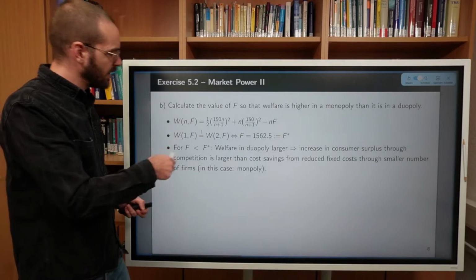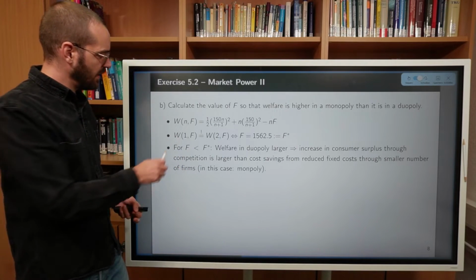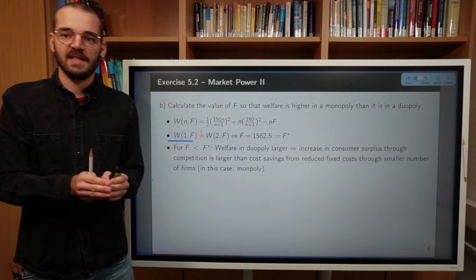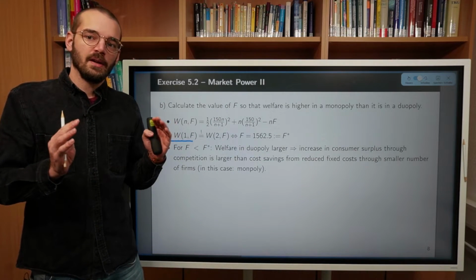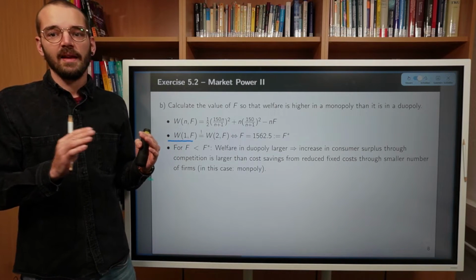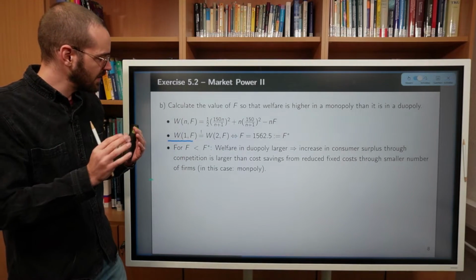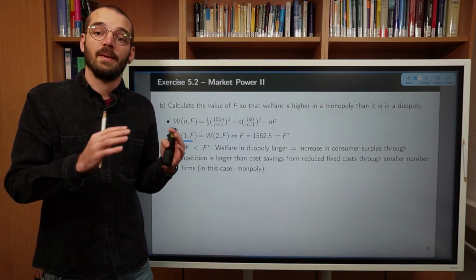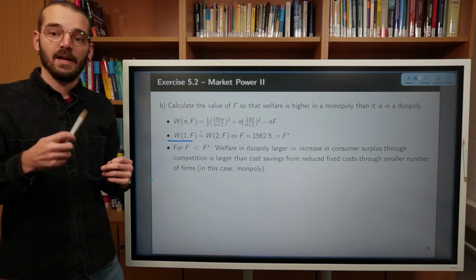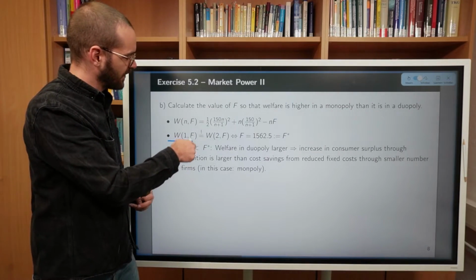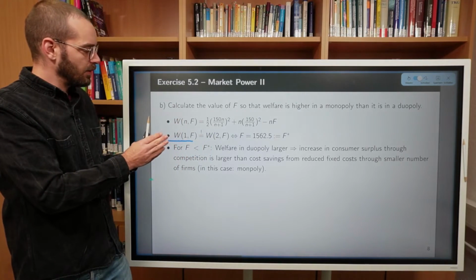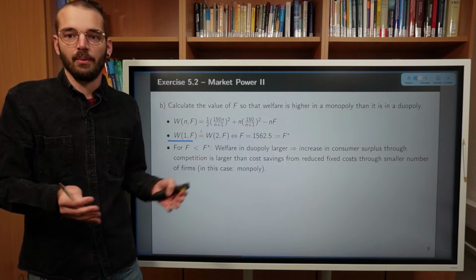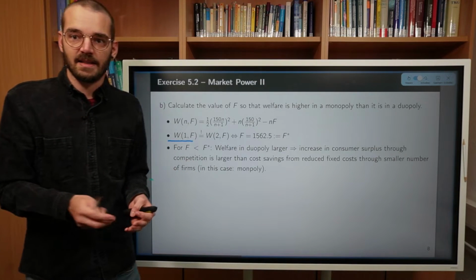So we can start by calculating the welfare in the market for exactly 1 firm and the welfare in the market for exactly 2 firms. And then for a varying parameter capital F, we have to find at which point exactly the welfare for two firms in the market becomes just more than the welfare with one firm in the market, or just less, okay?